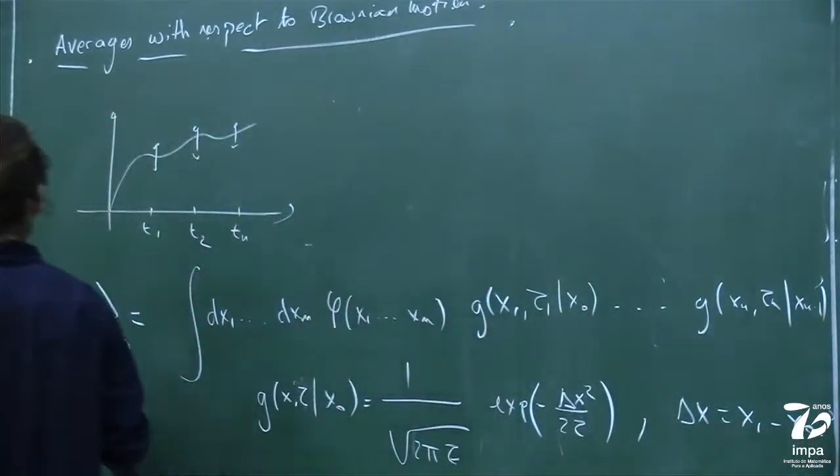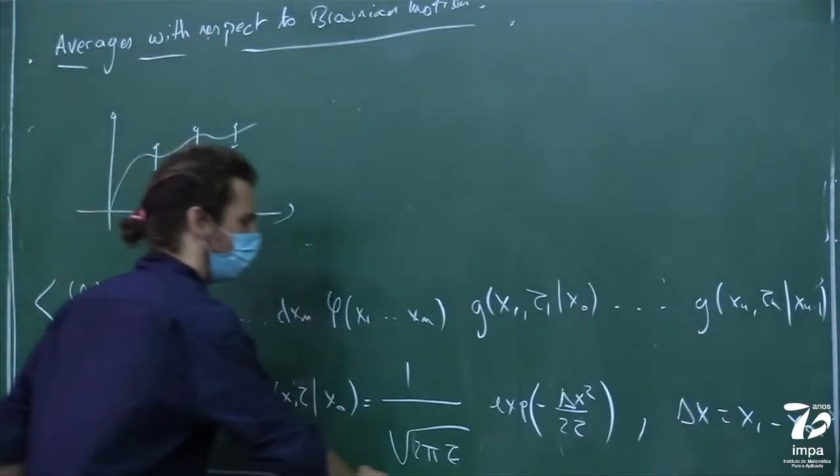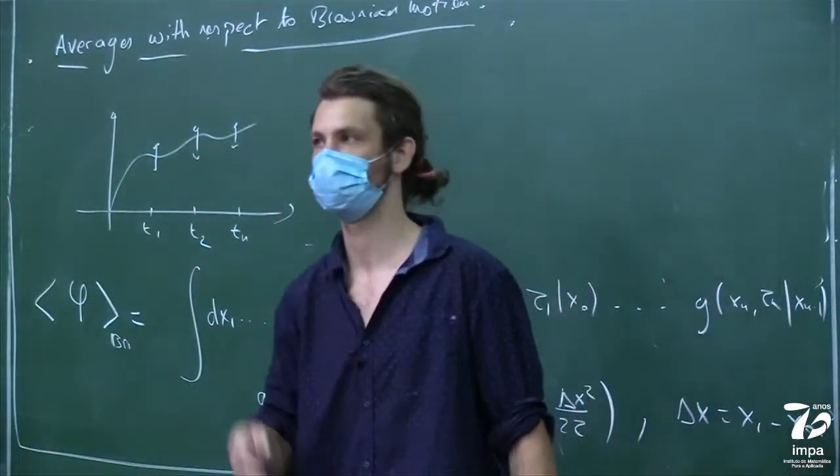Okay, so that's essentially what we mean when we take an average with respect to a Brownian motion.